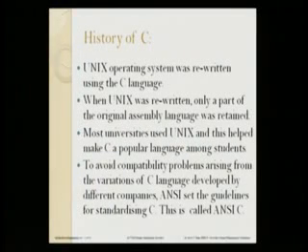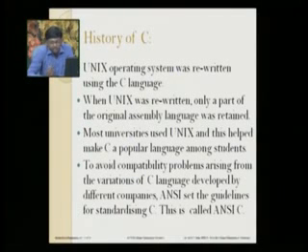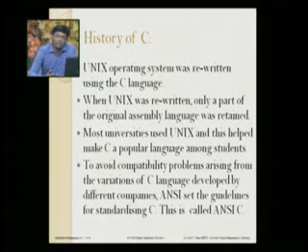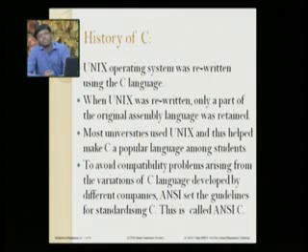C became popular. One of the biggest reasons was Unix, that is a network operating system, was rewritten using the C language. So after that it was very popular at that time. Most universities used Unix in academics, and many embedded systems were developed through C. After the late 80s, object oriented concepts were introduced, that was C++, and after that Sun Microsystems introduced Java.